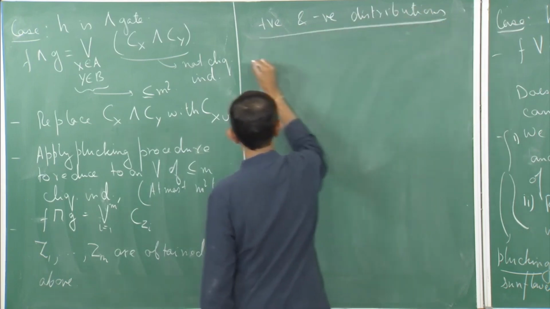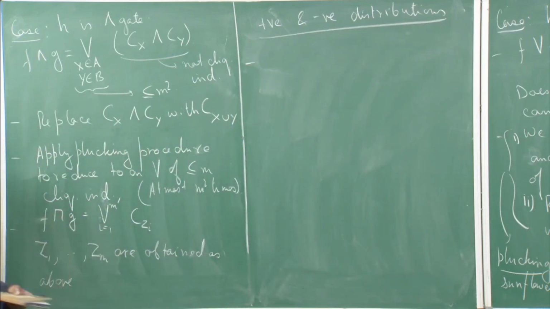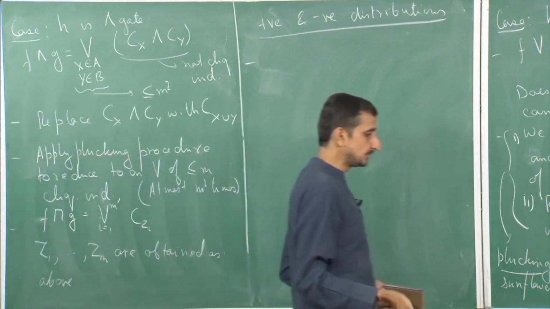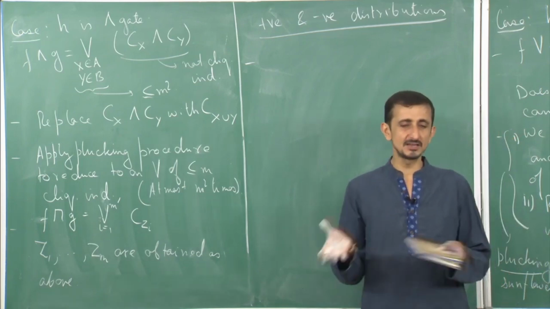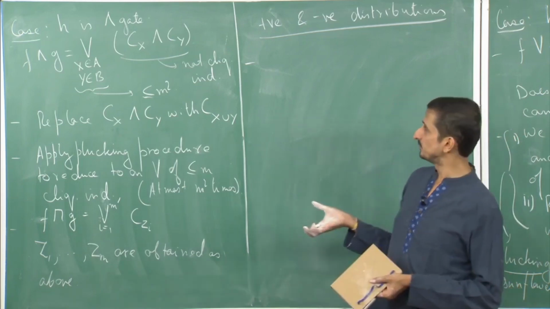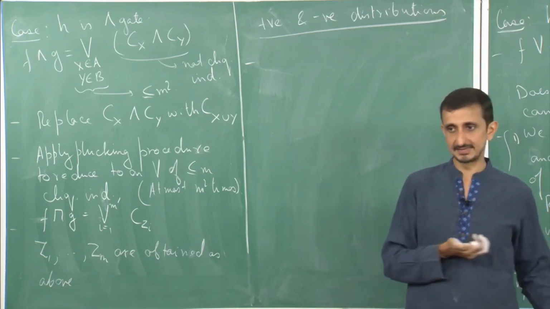Okay. So what we will do is we will define two distributions on n vertex graphs. Positive distributions will be those graphs which are the smallest graphs that have a clique of size k. And negative distributions will in some sense be the largest graphs which do not have a clique of size k.